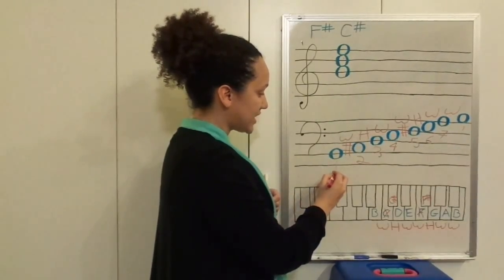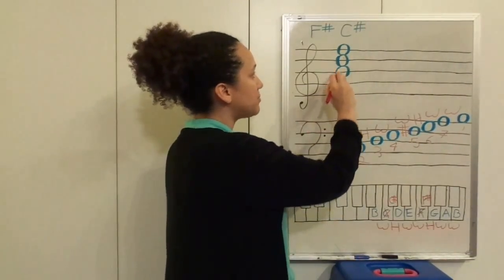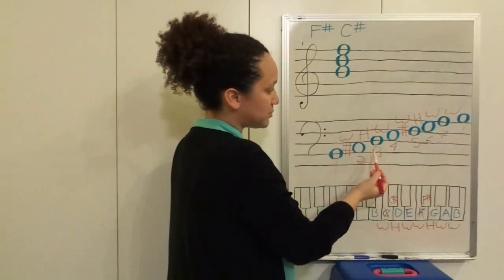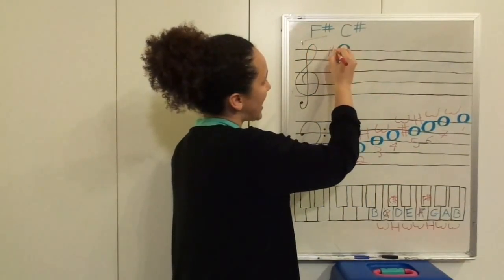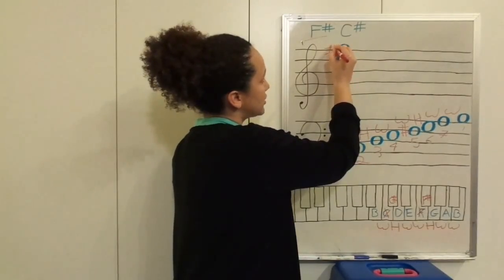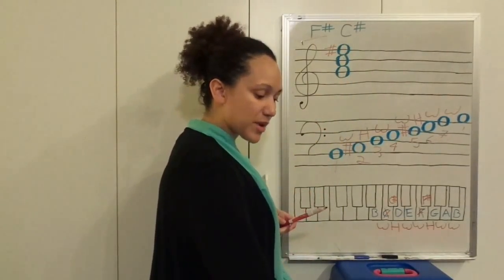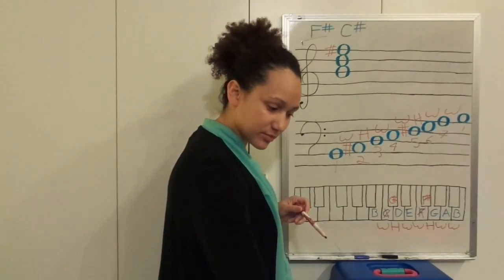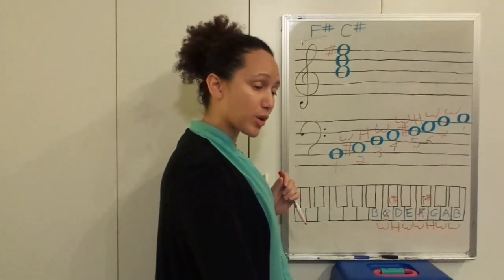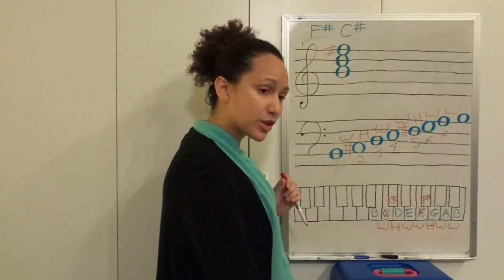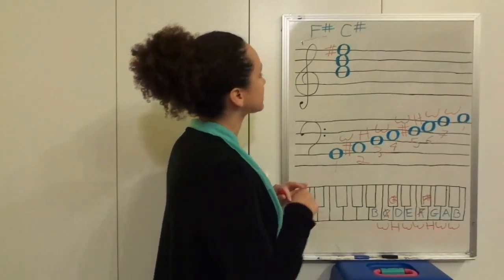So the 1 here, the B, we're going to have our B chord, only F needs to be sharped because that's our first sharp. So we're going to go ahead and add in a sharp to raise the F, and now we have our minor chord. This would be the major chord, and this would be the minor chord. So the middle note has been lowered.